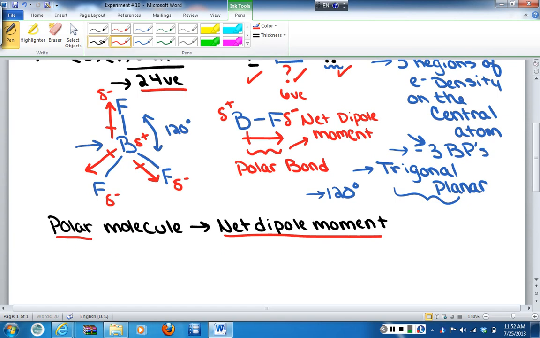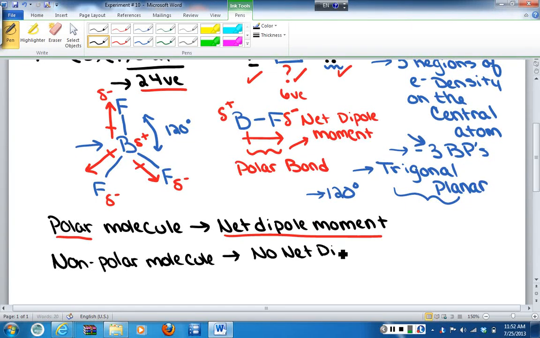When we have a nonpolar molecule, there is no net dipole moment. So basically what that means is that for polar, it gets pulled one direction or the other.